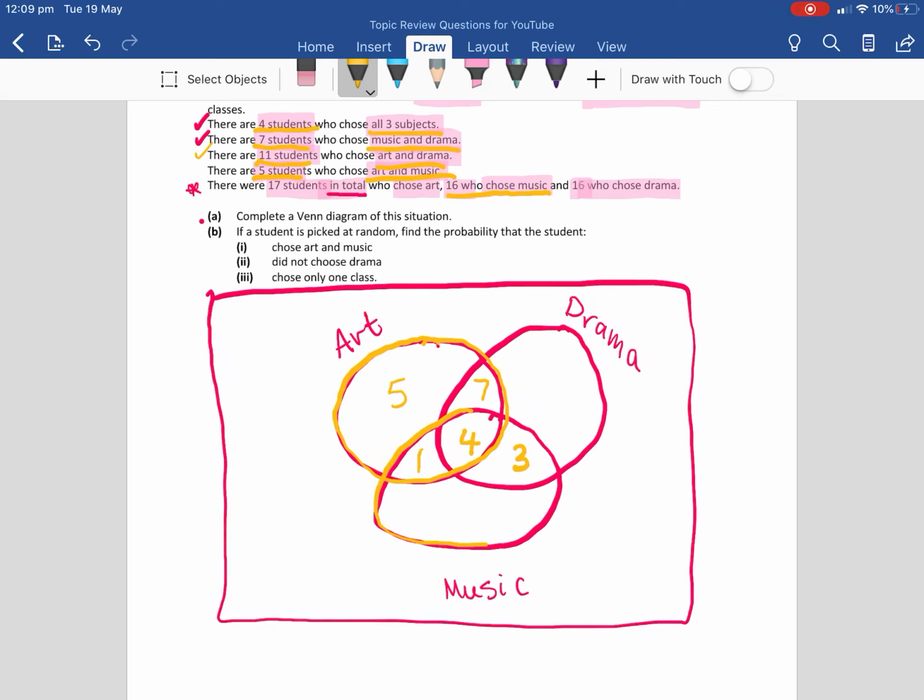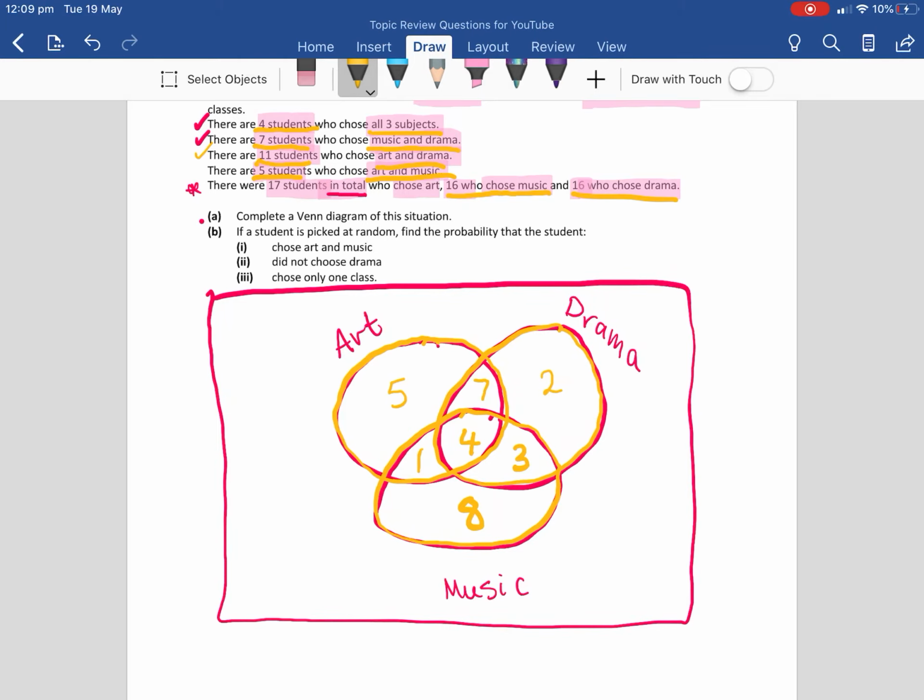So this whole circle for music needs to add up to 16. So we've got 1 plus 4 plus 3, which is 8. So that means 8 goes here. And 16 who chose drama. So you've got 7. This whole circle needs to add up to 16. And you've got 7 plus 4 plus 3 is 14. So that means there must be 2.